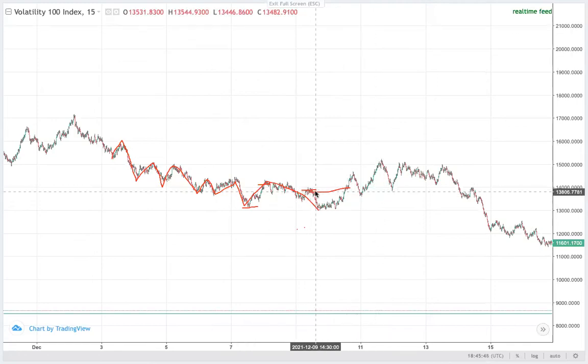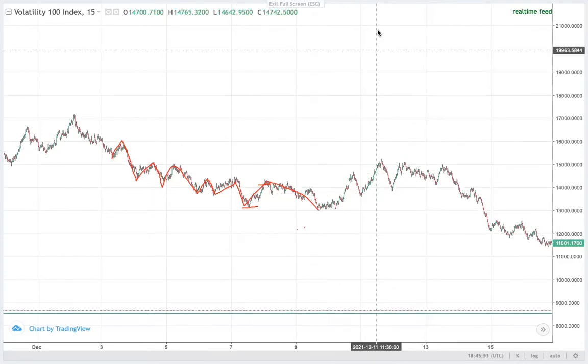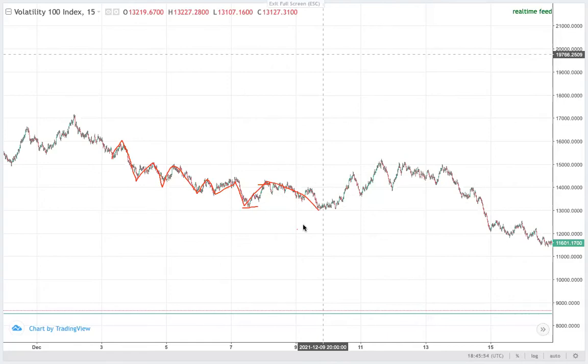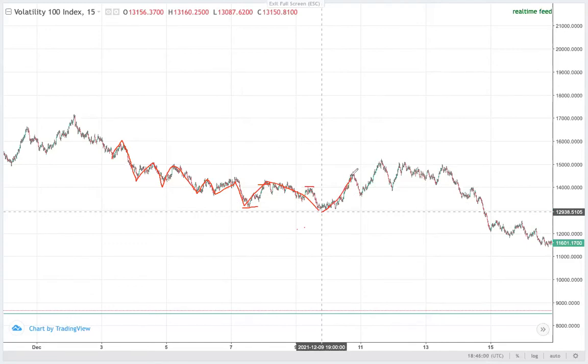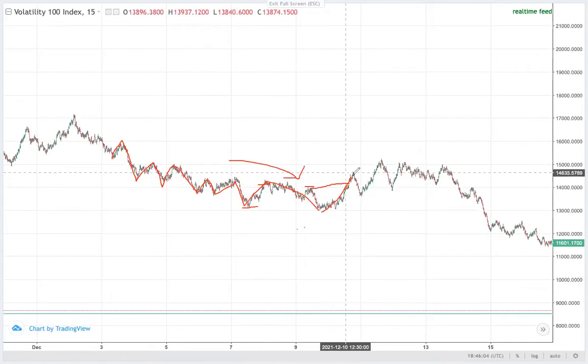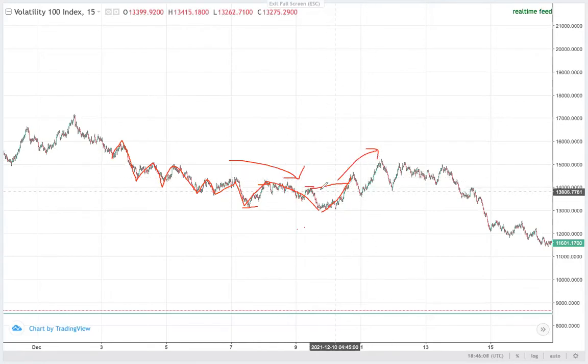And the fact that we broke a high here, from this point meant that we are now switching from a downtrend going to an upward movement, meaning that from this point we would have taken a buy and still got profit from it, right?